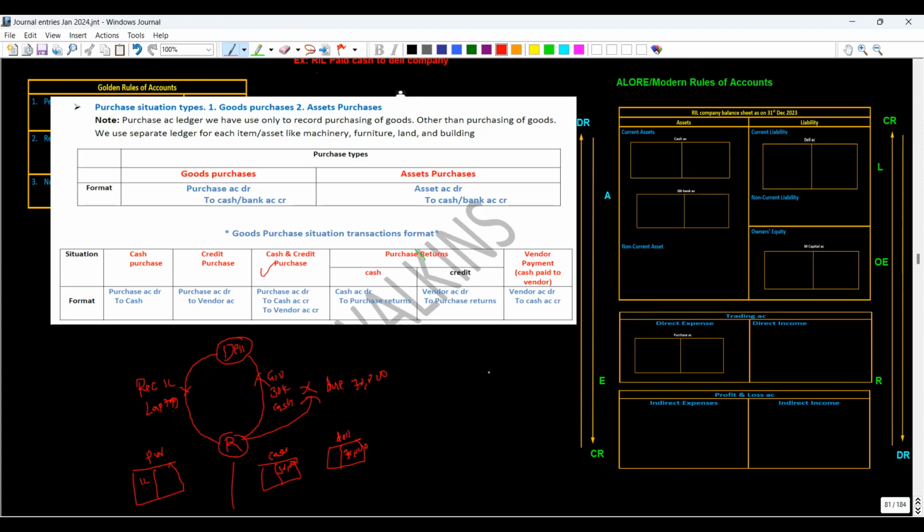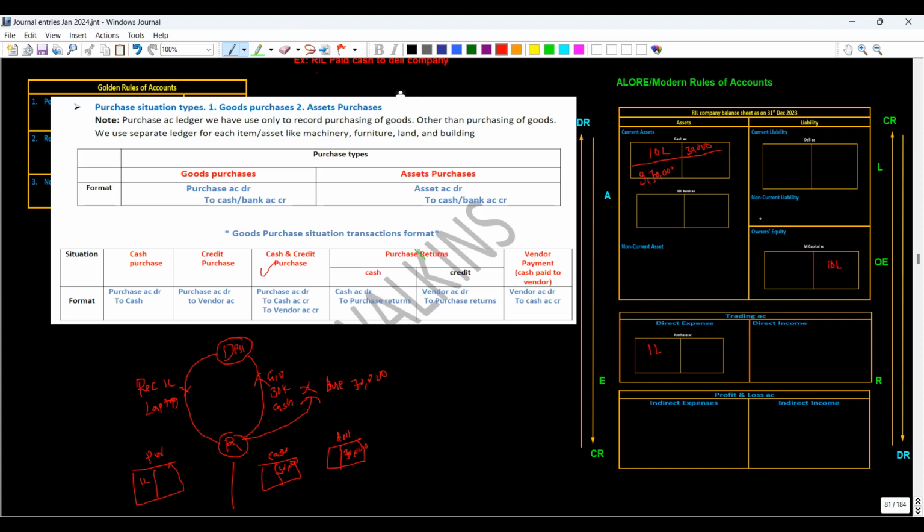Now look at what effect we can see in the financial statement. After recording this, in the company's trading account, on the left side in purchases, the value is 1 lakh, purchase account is going to get debit. Let's assume we have cash of 10 lakhs already. Now we are paying 30,000, so the closing balance of cash account is 9 lakhs 70,000, because the company is paying only 30,000.